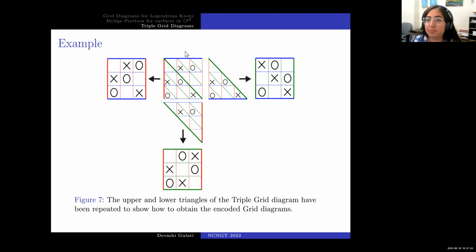Now, to get the blue-green grid diagram, I have repeated this triangle on the right so that we can see the skewed square, the diagonals of which, along with the rows, give us the rows and columns of the green-blue grid diagram. Similarly, repeating the upper triangle at the bottom, you can see how the green diagonals and the red columns give us the rows and columns of the green-red grid diagram.